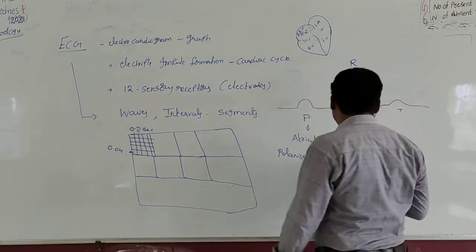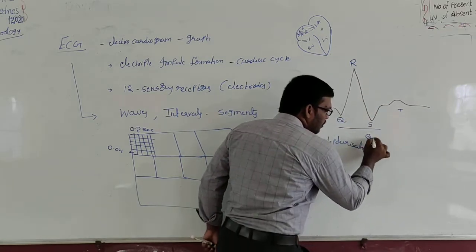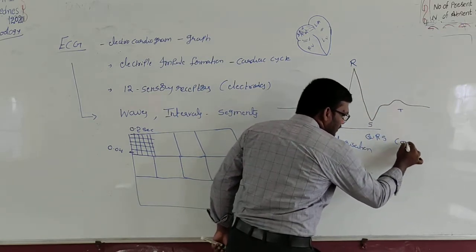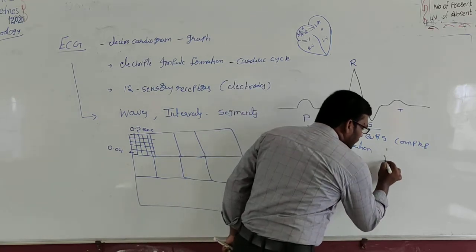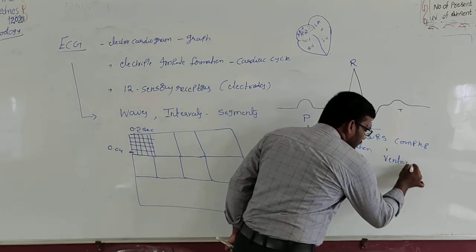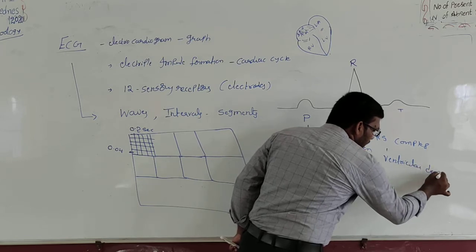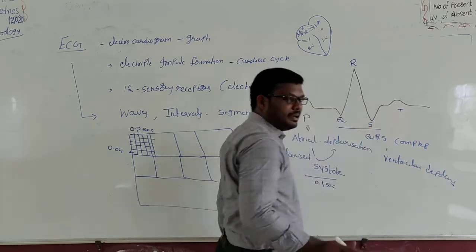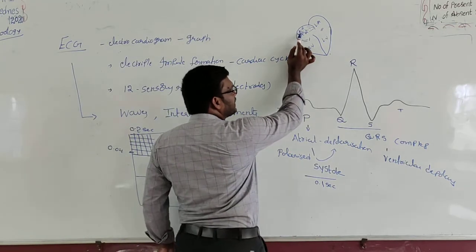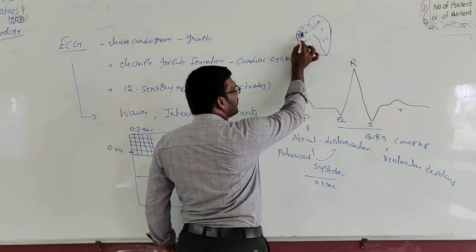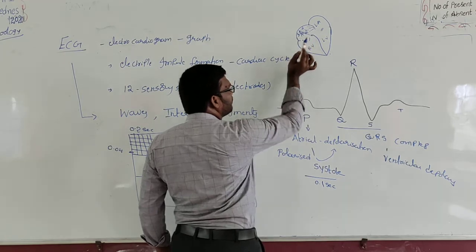And then the QRS complex. QRS complex indicates ventricular depolarization. Now see here, the impulse moves from the sinoatrial node to the AV node.